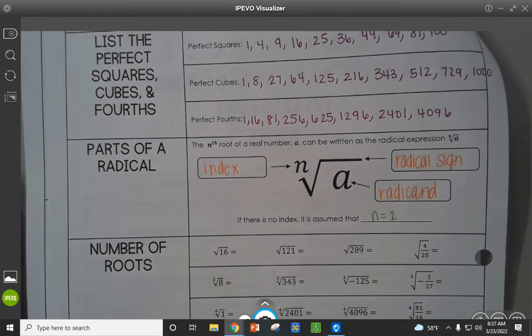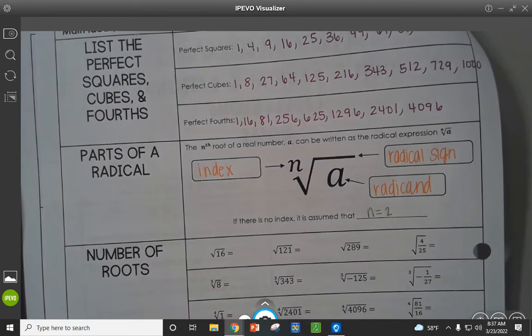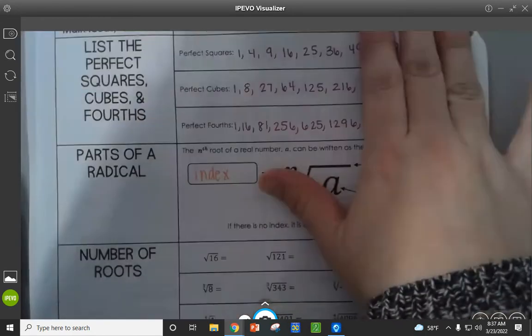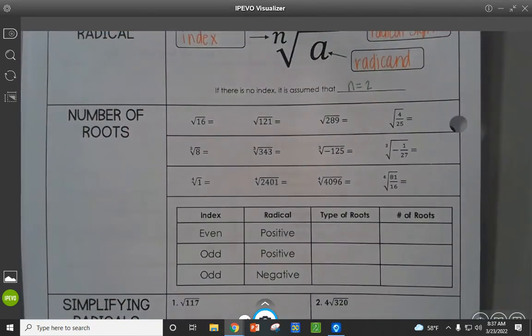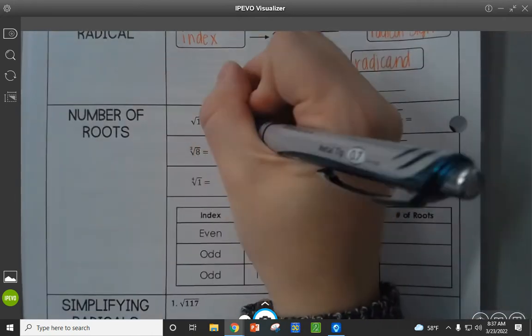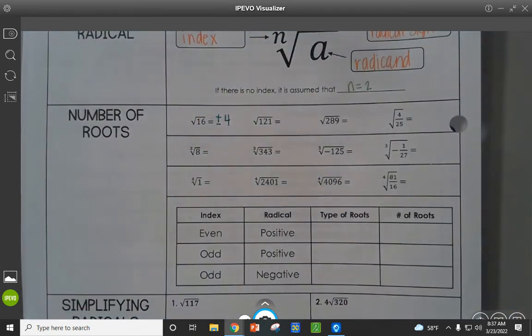So here, we have some perfect squares, cubes, and fourths. What is the square root of 16? 4. But what do we really need to include with those square roots? Y'all remember? Plus or minus. So technically, if I do positive 4 squared, I get 16.